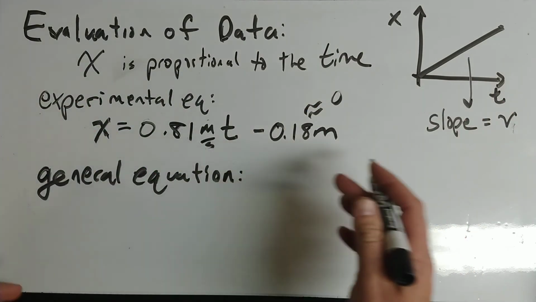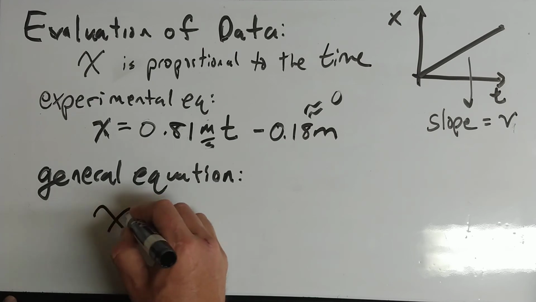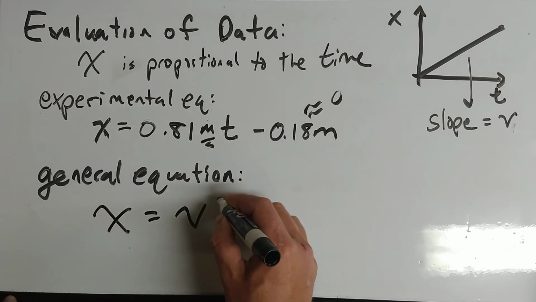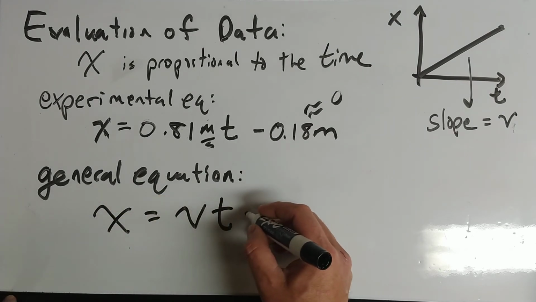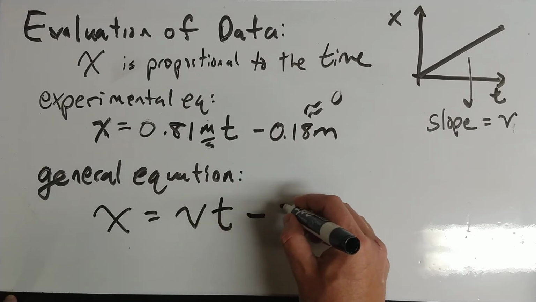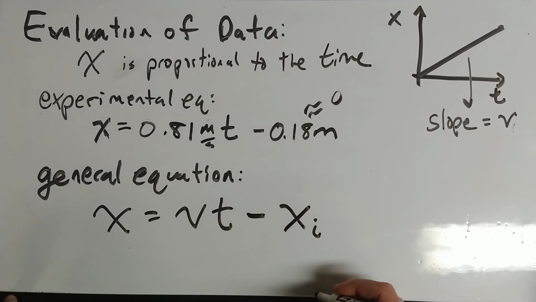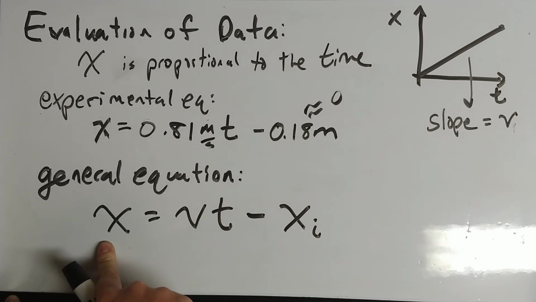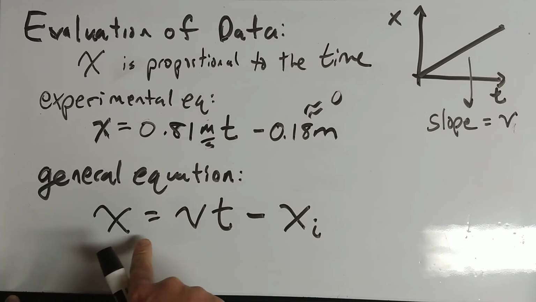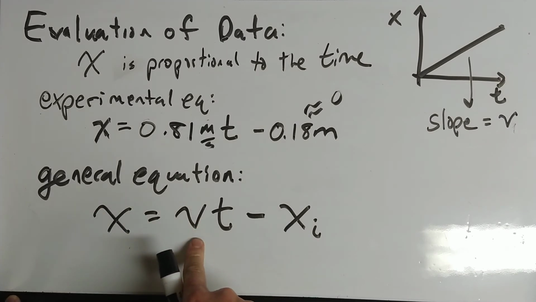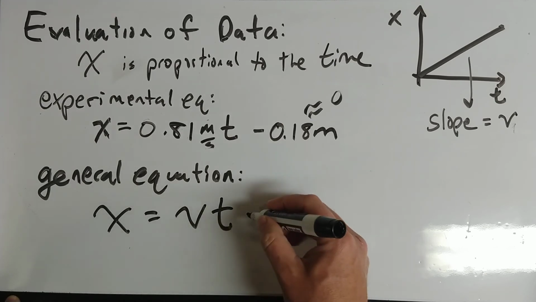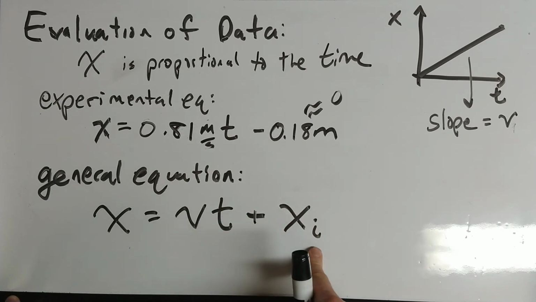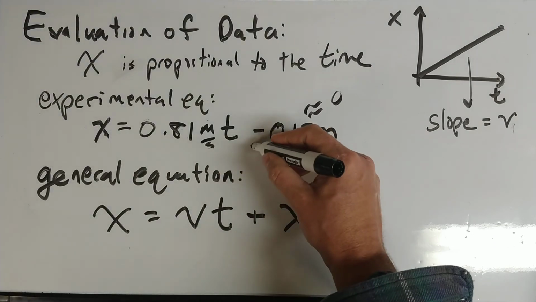We write the equation again, but instead of the numbers, we put in the letters, the symbols, the variables that we just defined. And this becomes our very first physics equation. X, the position of an object, equals its velocity multiplied by the length of time it's been running for, plus the initial position.